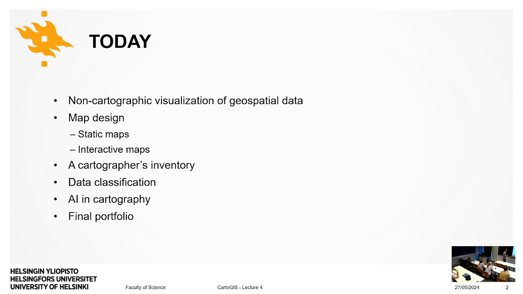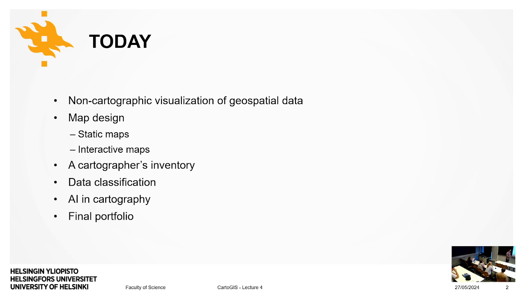And then we will briefly talk about the cartographer's inventory, reviewing some of the tools that you need in order to become a good cartographer. Then we will briefly talk about data classification. It's something you have probably learned in your other courses, but since this came up in exercises, I thought that if we have time today, we can briefly look at that.